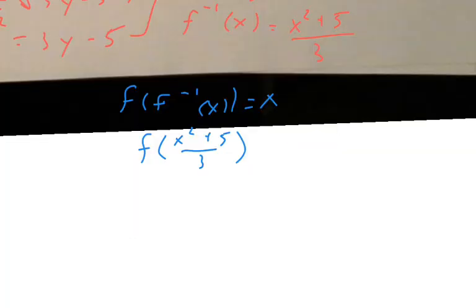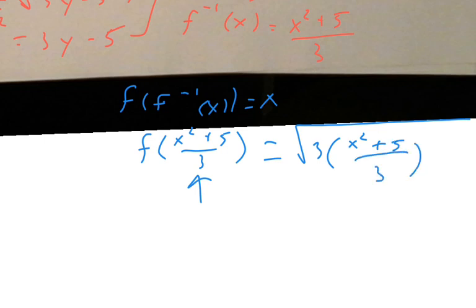Apologies. So now anywhere I see an x in our original f of x function, I'm going to plug that in. So we have the square root of 3 times our input, x squared plus 5 over 3, minus 5.